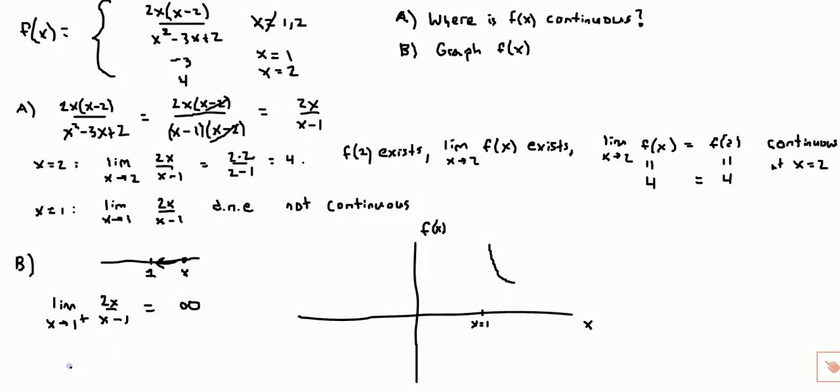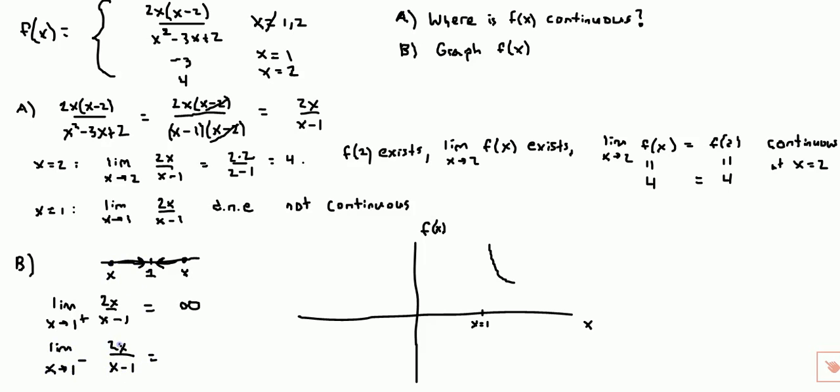Now let's look at the limit as x approaches 1 from the left of 2x over x minus 1. Now x is over here. We're approaching 1 from the left. x is less than 1. So now we have a small negative number on the bottom.